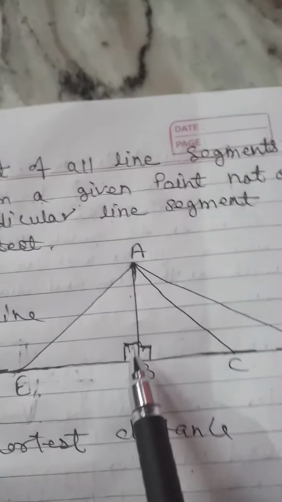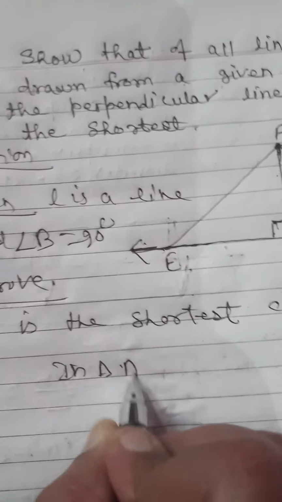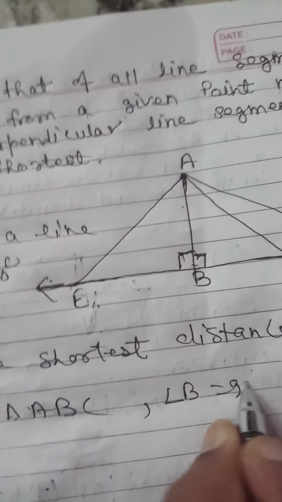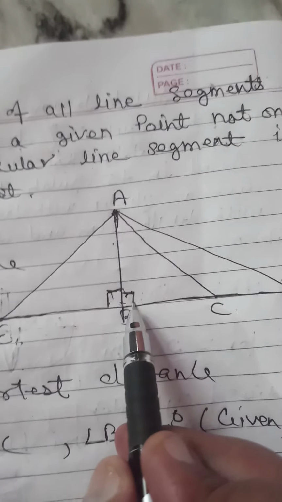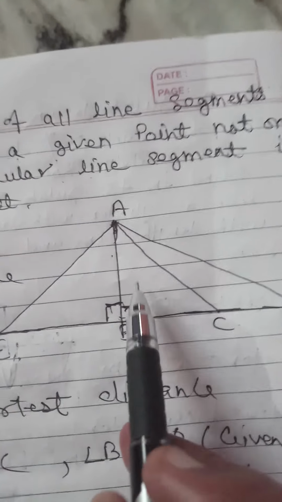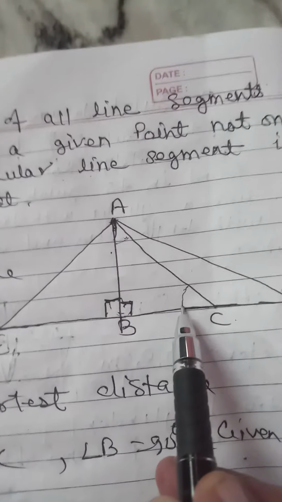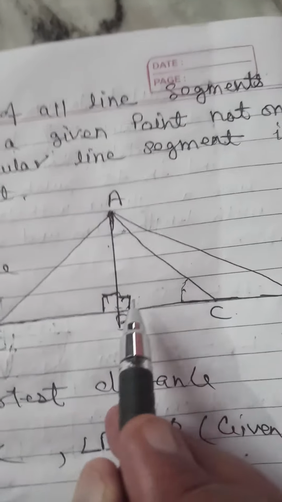In triangle ABC, angle B is 90 degrees. That is given. If angle B is 90 degrees, then the sum of the remaining angle A and angle C is also 90 degrees.